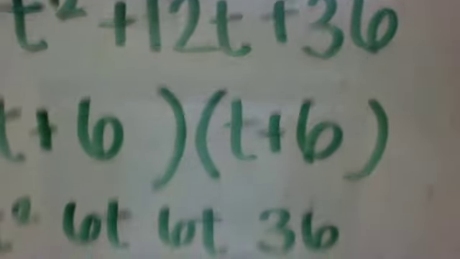When you add all of those together, you get t squared plus 12t plus 36. It would look like this. Since the bottom answer summed up to be exactly like the top answer, you know that t plus 6 and t plus 6 are the two factors of this perfect square trinomial.